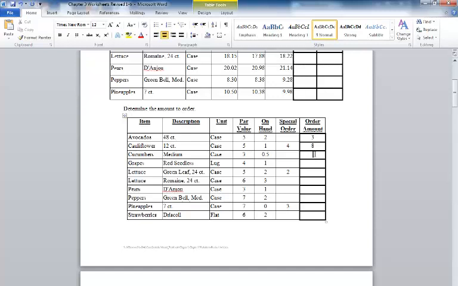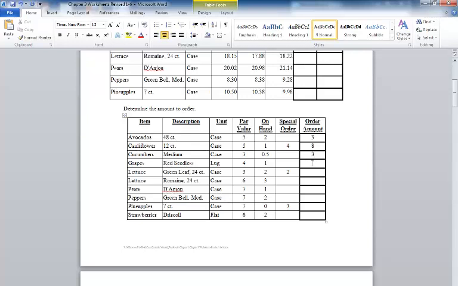When I took inventory, I had a half a case, meaning I really need 2.5 cases. However, I'm not going to order a half a case because some establishments won't break a case for me and let me order half, or they'll charge me more for doing that. So rather than ordering 2.5, I'll round up to 3.